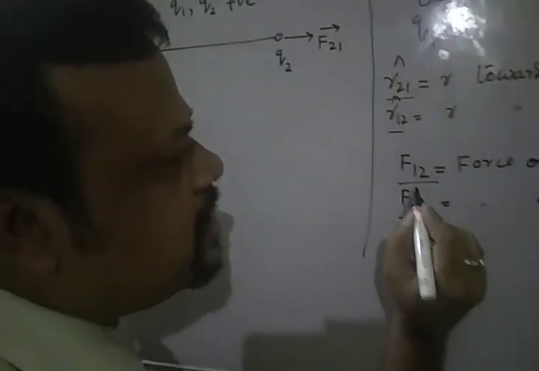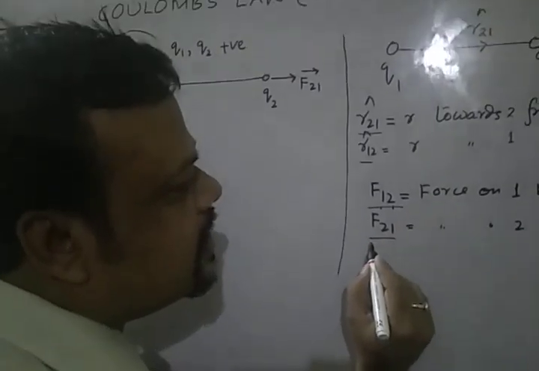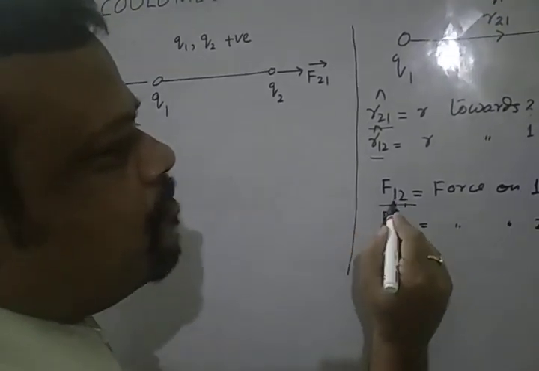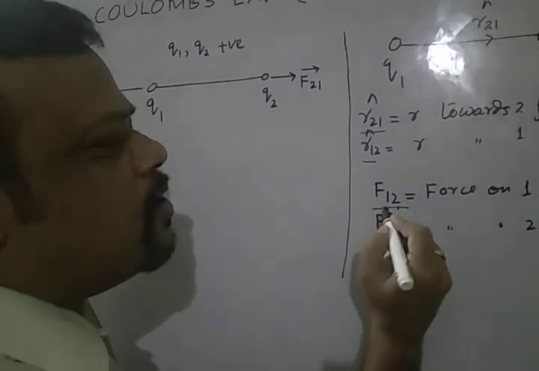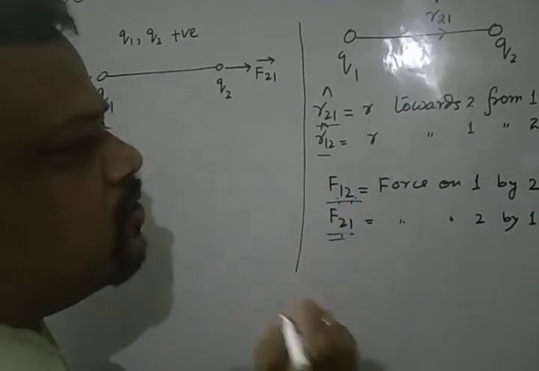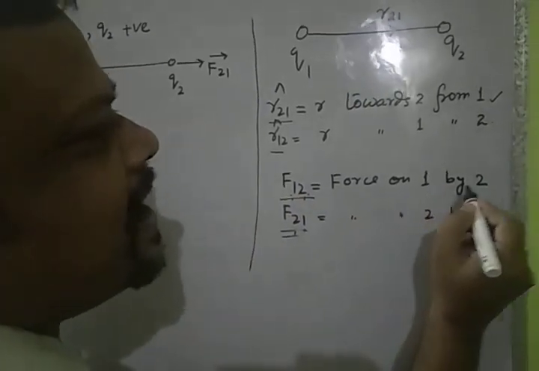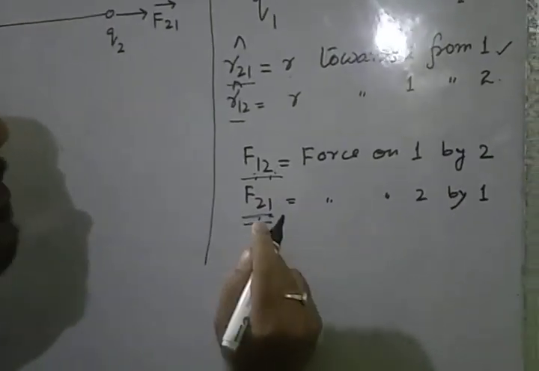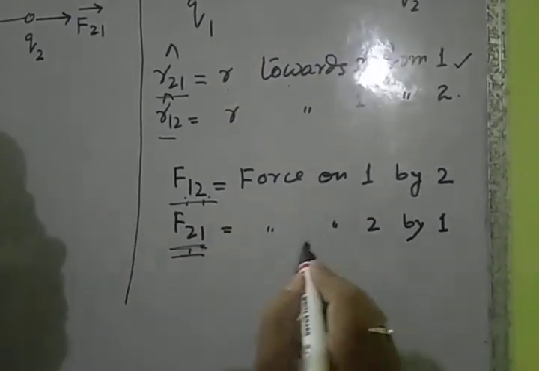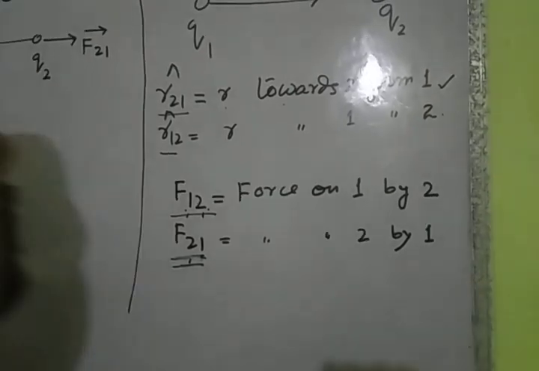See, there are two digits, 1 and 2. Here is F21, two digits, 2 and 1. F12 means force on first digit by second digit. That means F12 is force on 1 by 2. Similarly, F21 means force on 2 by 1.